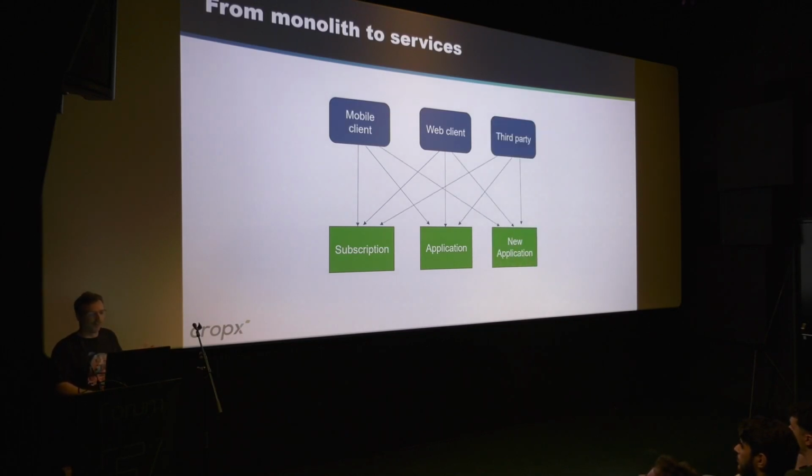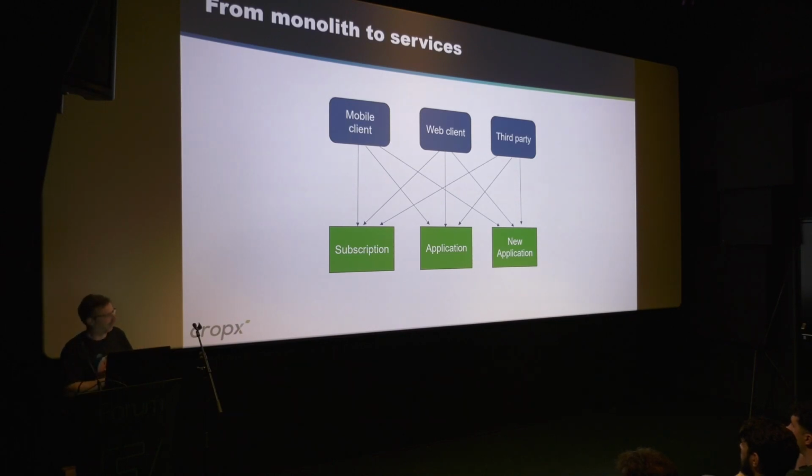And then soon enough, you're going to have a third-party API, and the third party needs to know these endpoints, and you have new applications. Maybe you'll have mergers and acquisitions, and you want to renew your application.